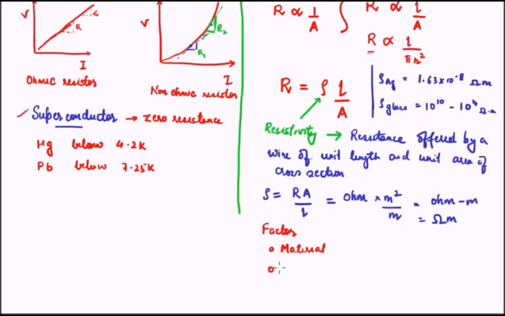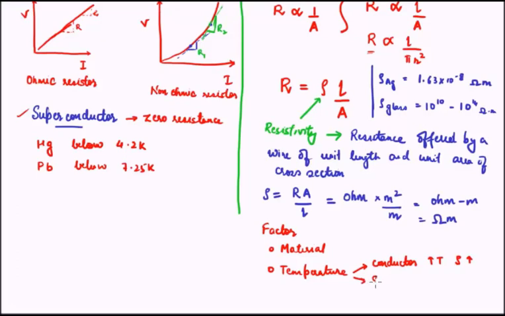Second is temperature. Now the temperature factor is interesting. For a conductor, with increasing temperature, resistivity increases. Therefore, with increasing temperature, the resistance will also increase.